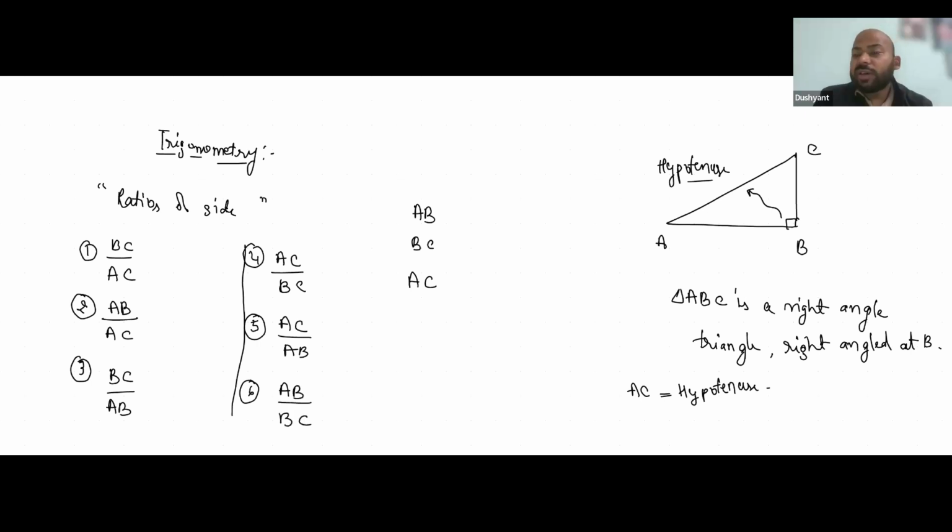So do we have any other option here? No, right? So we have these six options only. If you take the ratio of all these sides, all possible ratios are BC over AC, AB over AC, BC over AB, and the reverses.